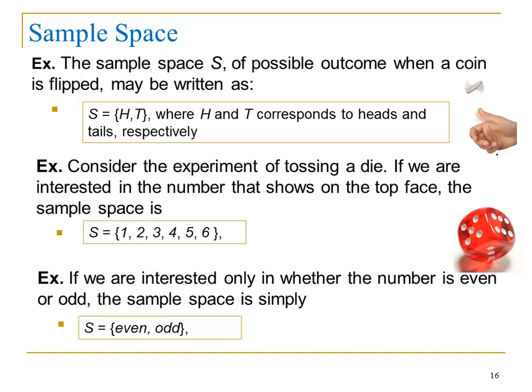We know which numbers are even, we know which numbers are odd, but the experiment is actually trying to find out how many times you land an odd number, or how many times you land an even number. So in such a case, you can define your sample space as even or odd. Those are the only two outcomes. Any questions?